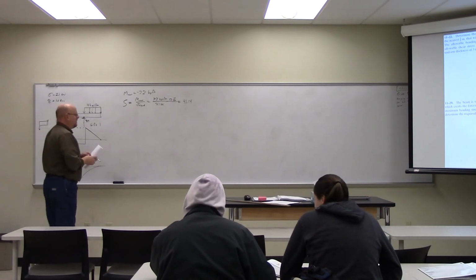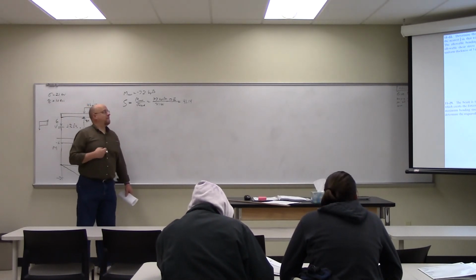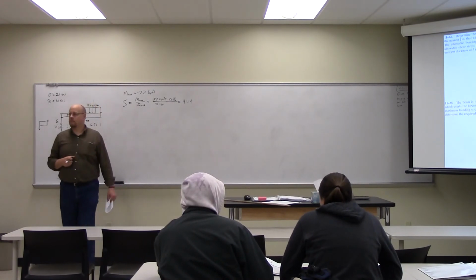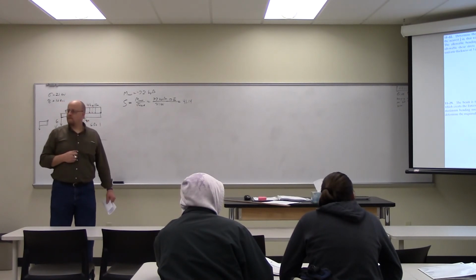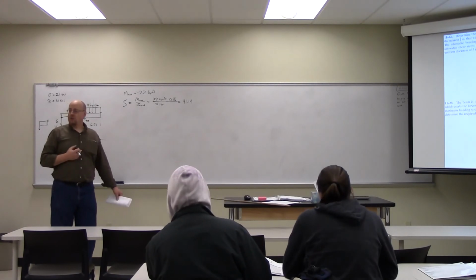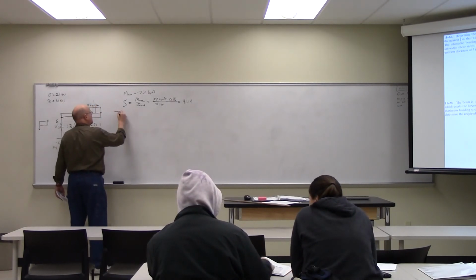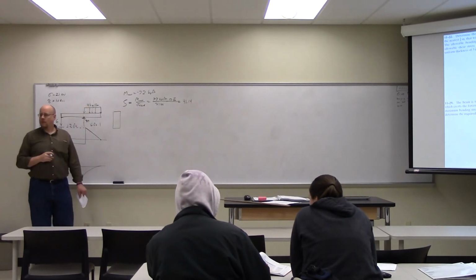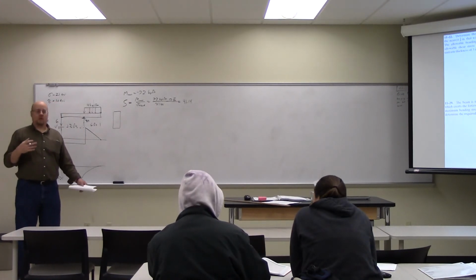Go to the table? No. What kind of a beam is it? What shape beam is it? It's just a bar. I didn't say it was a wide flange beam, I didn't say it was a channel beam.